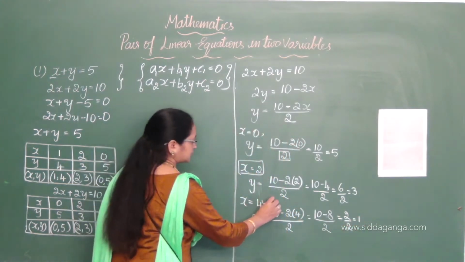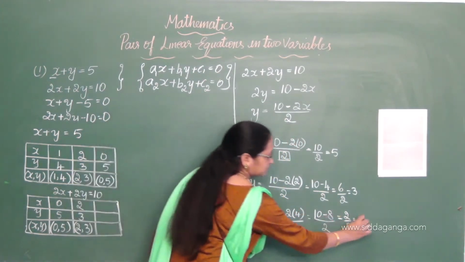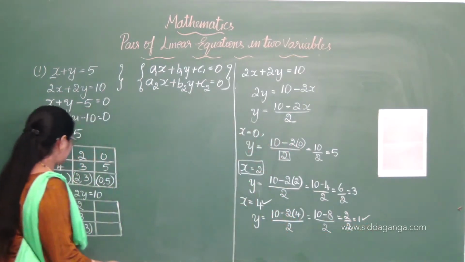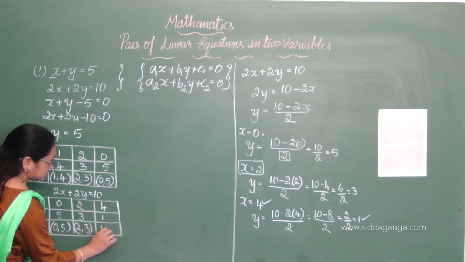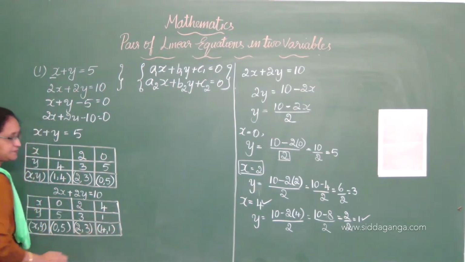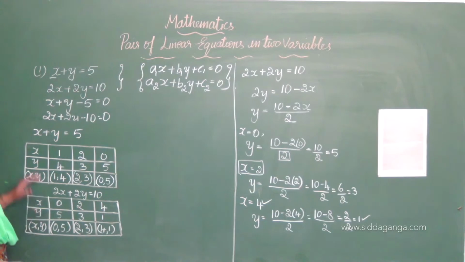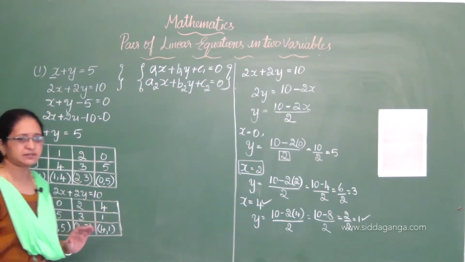So when x is 4, y is 1. So this is 4, 1. Okay, is it clear? Did you understand how to take the values of x and y?